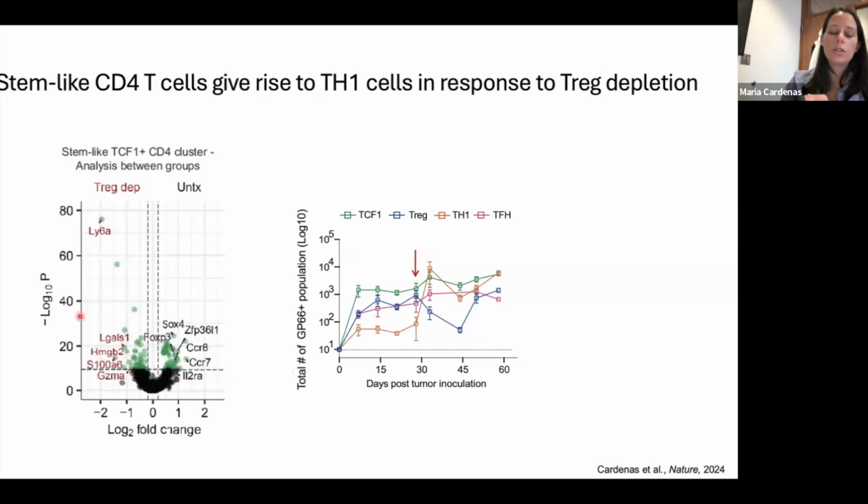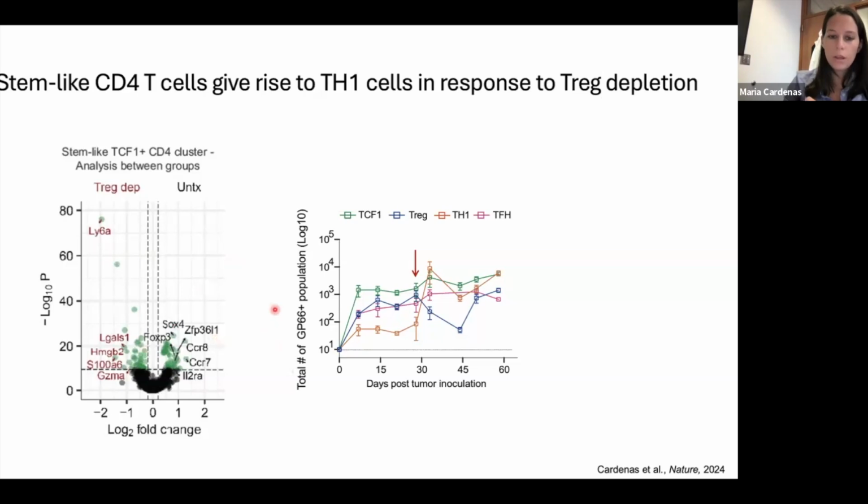All of these genes here that are upregulated in Treg depletion versus untreated are genes that are transcriptionally needed to undergo Th1 differentiation: KLF2, all the LGALs, and things associated with Th1s. And in contrast, those in the untreated draining lymph node are more Treg prone for differentiation, which was really, really interesting.